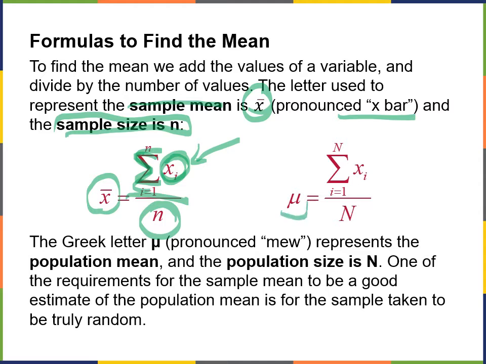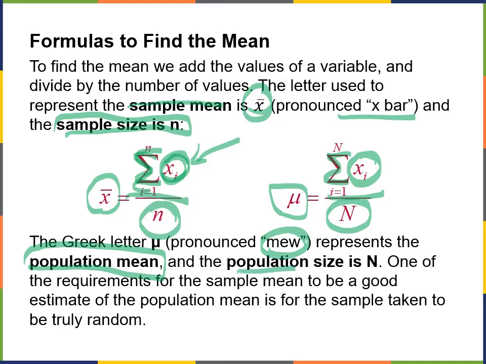This right here is a symbol called mu, okay? Mu is that symbol, and that will stand for the population mean. But we calculate it much the same way. We're going to add all our data values in our population, okay, and then divide by capital N, which would be the population size, the number of values in your population. So a couple of symbols here now you're going to have to get used to.